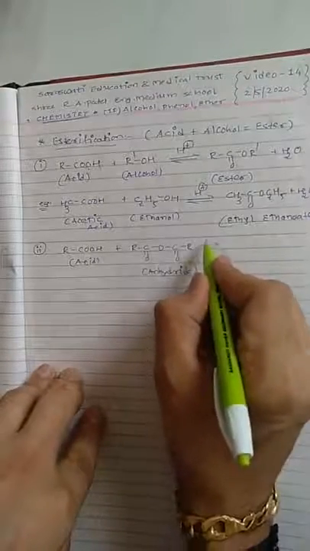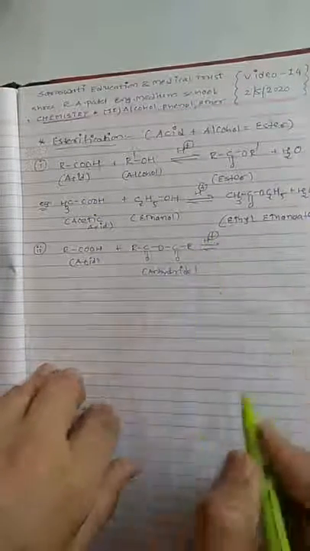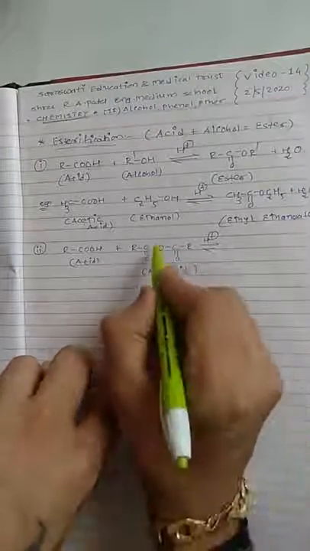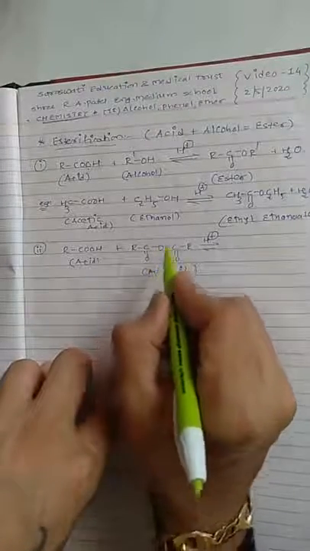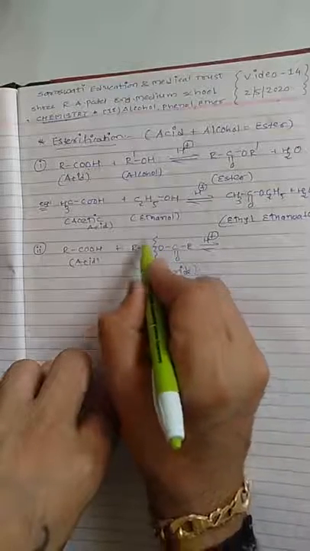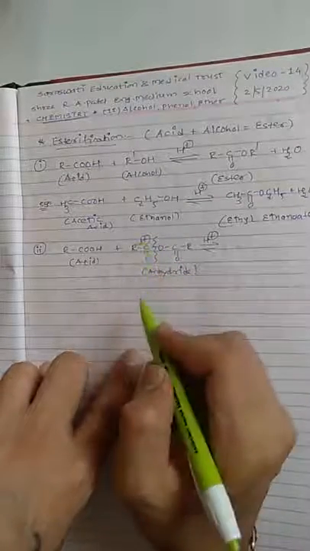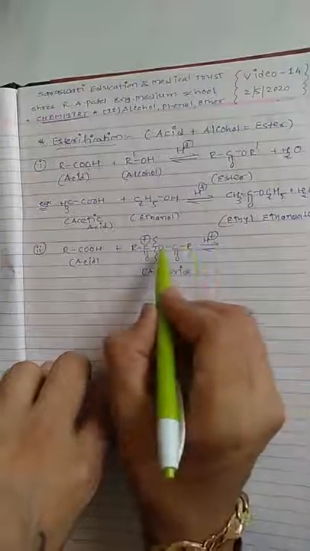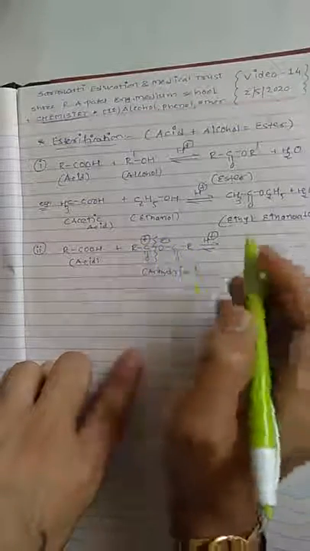This reaction should be feasible in the presence of H plus as an ion or catalyst. So in anhydride we have two fragments. In the first fragment, RCO plus, carbon possesses partial positive charge and oxygen acquires partial negative charge.